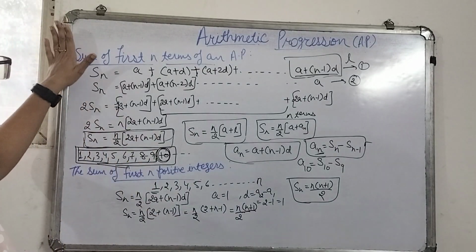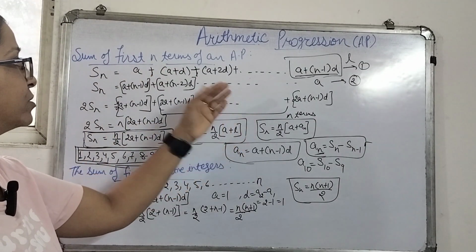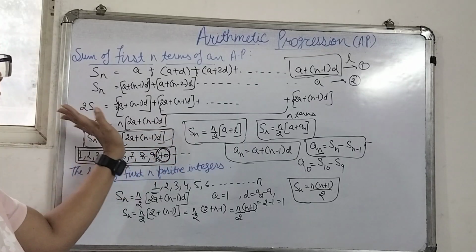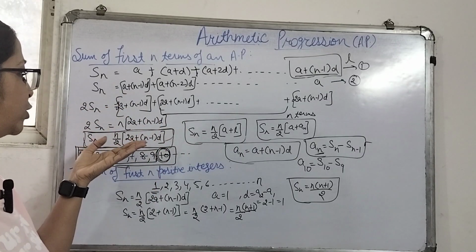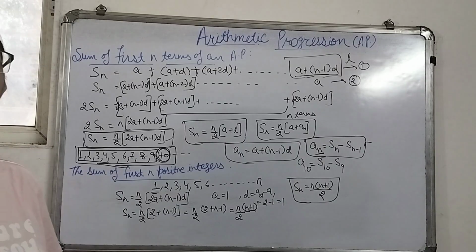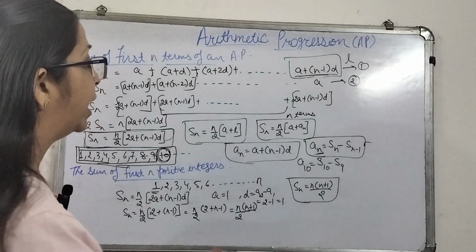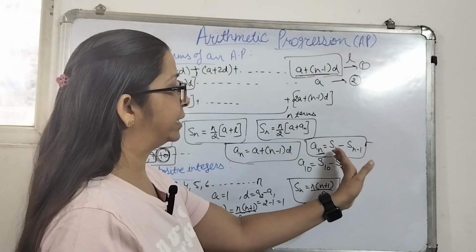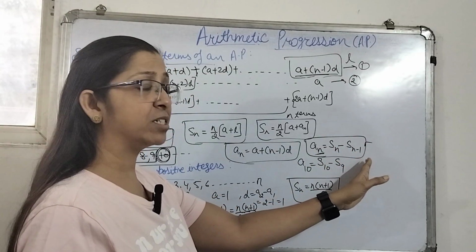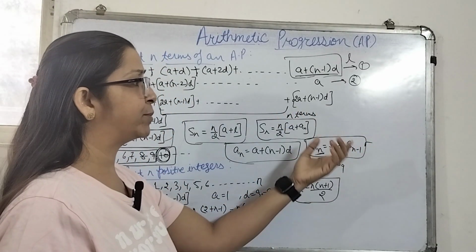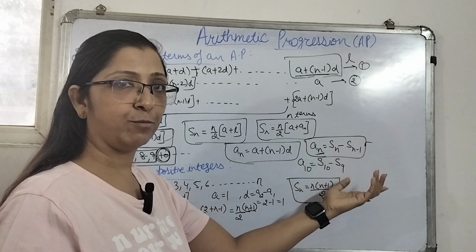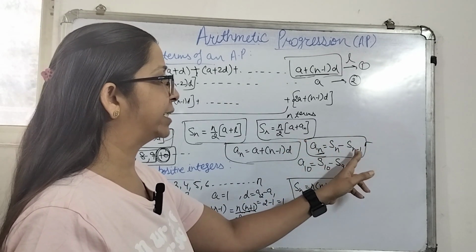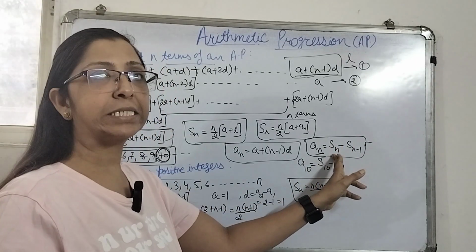So if a series is given to us, we can find the value of a, we can find the value of d, and whatsoever the number of terms, the sum of these terms we need to find. Using the formula we can find the sum of these number of terms. And if the sum of n terms is given and the sum of n minus 1 terms is given, or any algebraic expression is given by which we can find the sum of n terms, in that case the nth term we can get by subtracting Sn minus 1 from Sn.